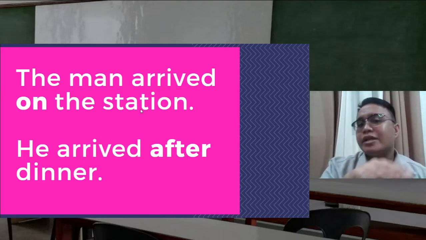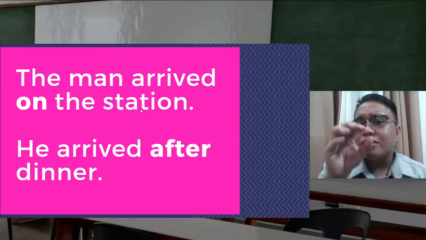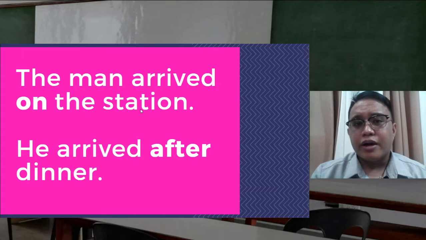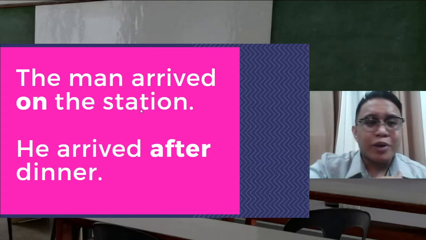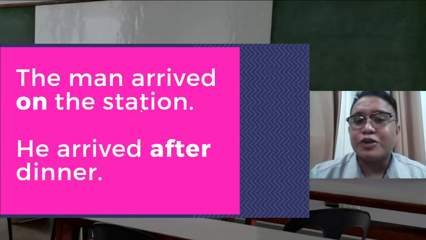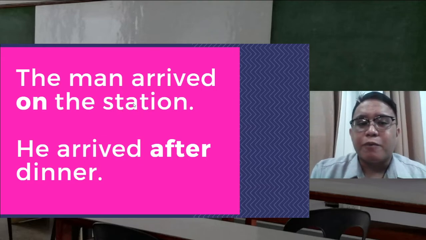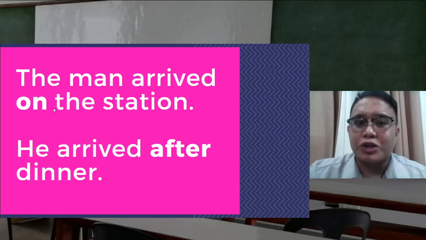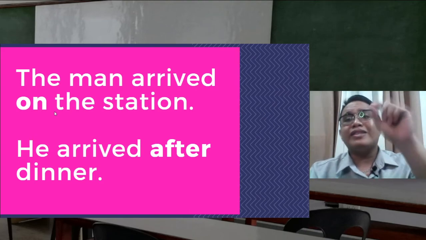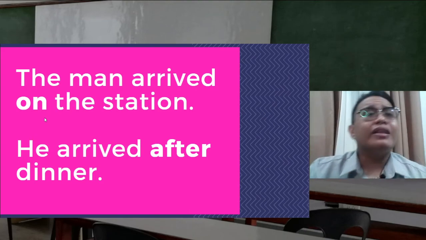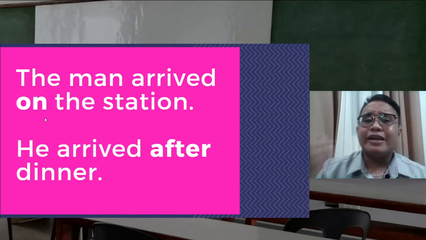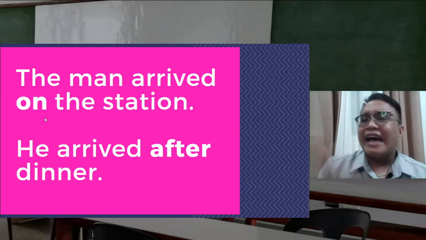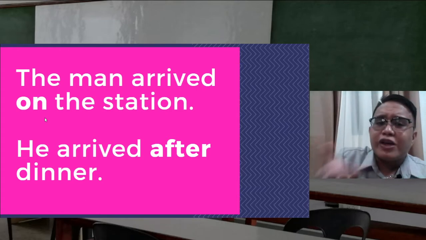Now as you can see there, the preposition does not stand alone. Okay? Prepositions always have a prepositional phrase, and we talked about this one earlier, right? With our object of the preposition. Prepositions do not stand alone in the sentence. It has to have a prepositional phrase with it.